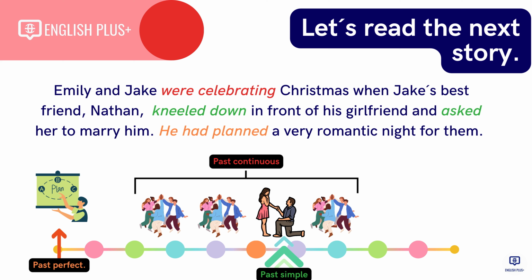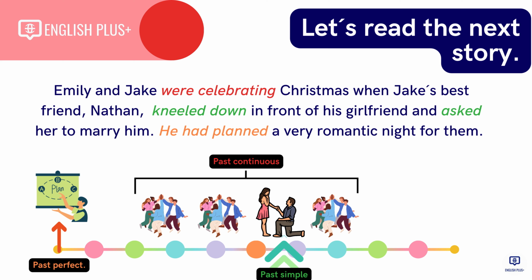If you pay attention at the beginning of my story, I am explaining the scene. I am explaining what was happening at that moment. They were celebrating Christmas. That is the reason that I have the past continuous form in this beginning. Let's continue with the second part where we have kneeled down and asked her to marry him.